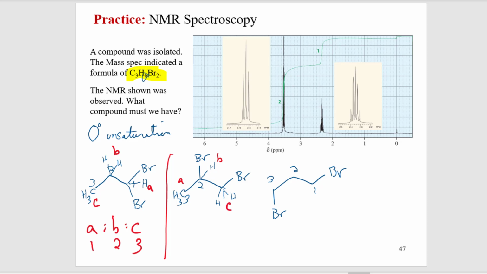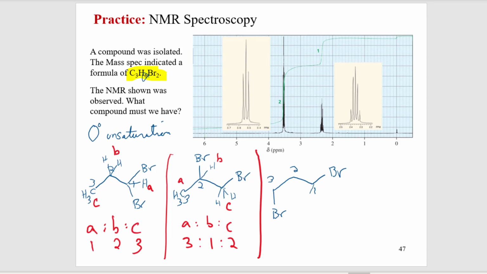We'll call those C. So again, I'm seeing 3 signals, and I'm seeing A to B to C in a 3 to 1 to 2 ratio. I don't know, the whole 3 signals thing doesn't seem to be jiving with my NMR. So let's go to this last one. It looks like I might have gotten unlucky.